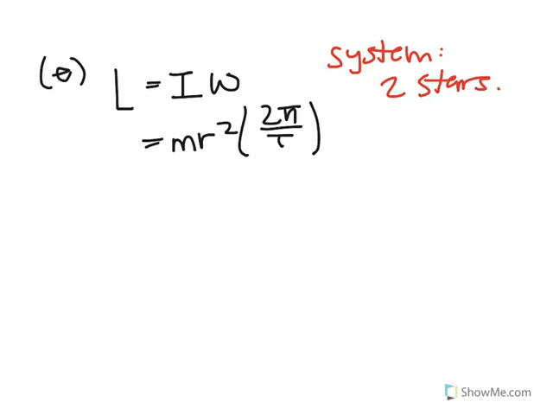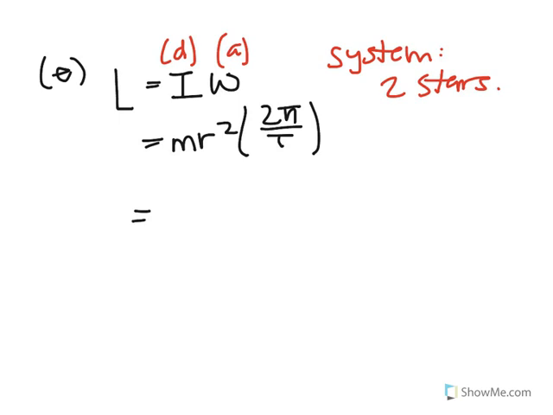So we can use whatever we had in part D here, and whatever we had in part A for the angular velocity.